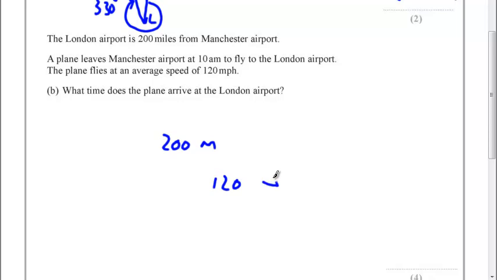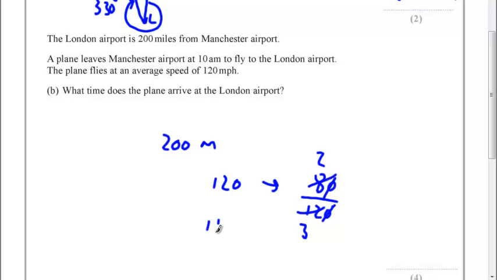It's got another, what to do? Another 80. What fraction is 80 of 120? Let's have a look. Two-thirds. So it's another 2/3 of an hour.